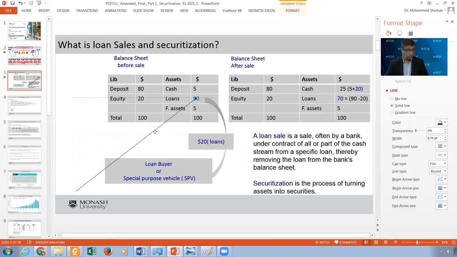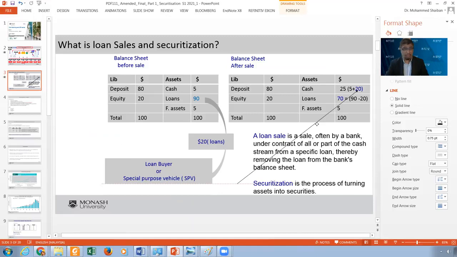Now if I sell 20 of these, my balance sheet will look like this after the sale. Instead of 90 loans, I now have only 70. And I used to have cash of 5; now I have cash of 25, which is the original 5 plus the 20. I can use this 20 to solve my liquidity problems.